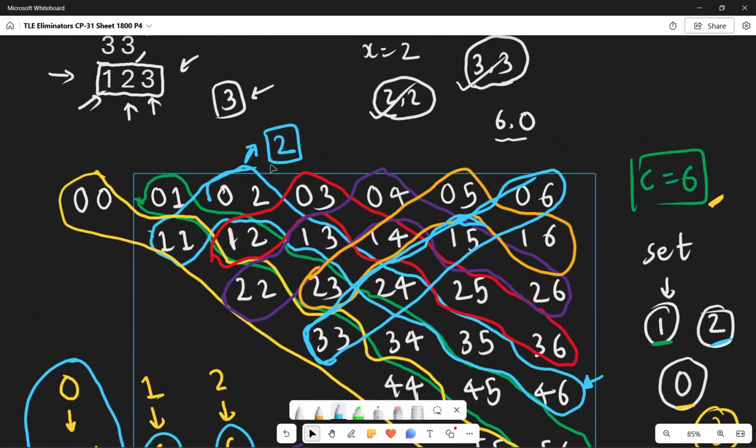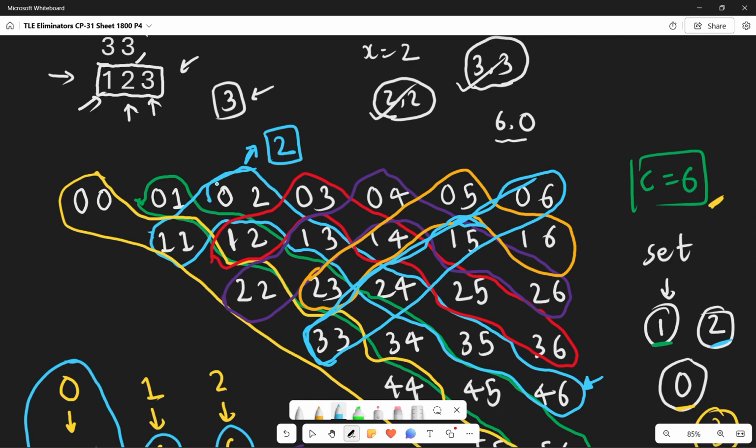If our set has 2, then we will not take this blue part. But is it coinciding with some other part? See here, it is coinciding with this purple part, so basically with this 4 part. Anything else? Yes, this 6 part.